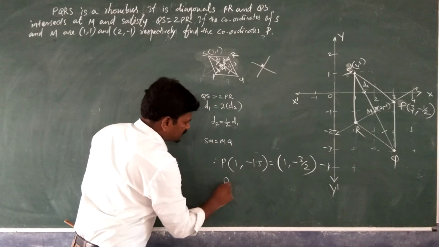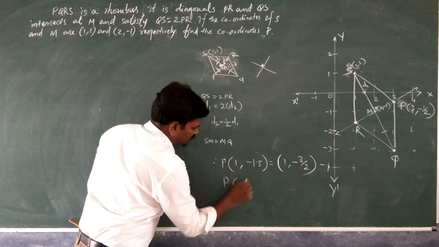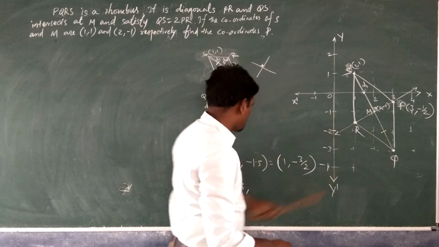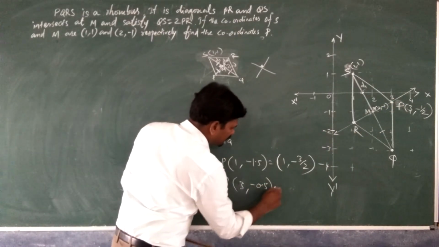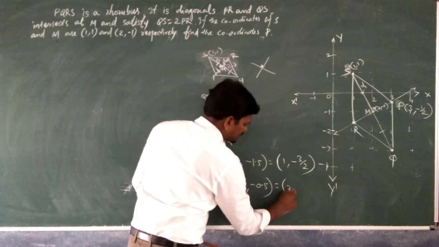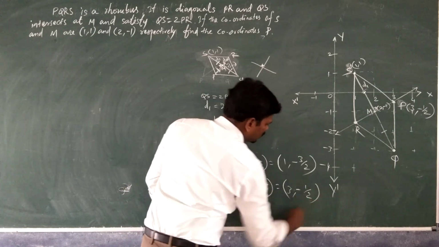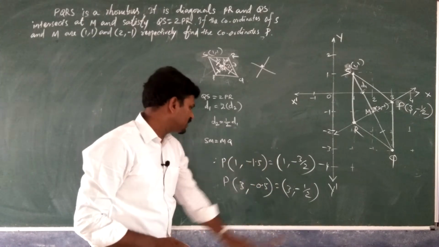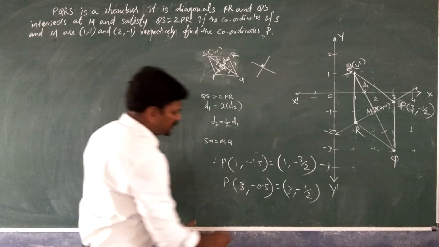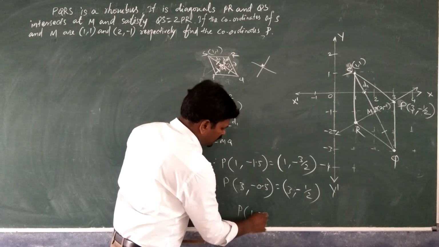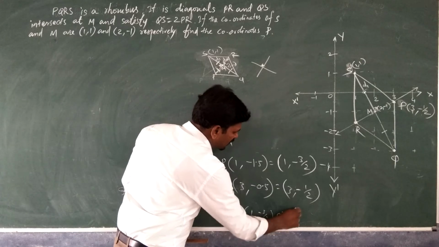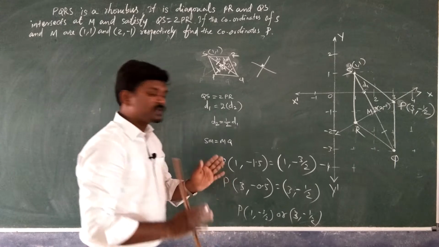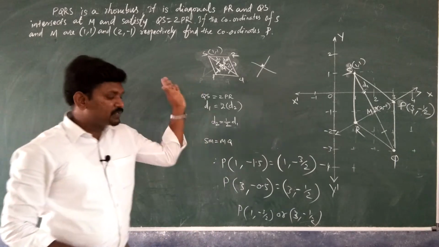So P is equal to 3 comma minus 0.5 as a decimal, or minus 1 by 2 as a fraction. So these are the possible coordinates of P. Therefore P is equal to 1 comma minus 3 by 2 or 3 comma minus 1 by 2. This is the graphical way of solving this problem.